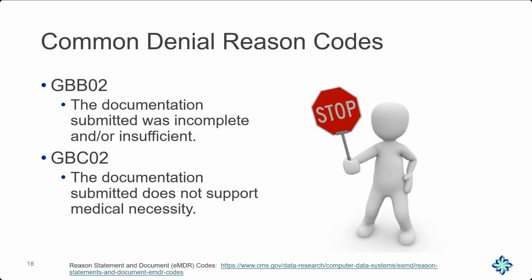To resolve this, ensure that documentation clearly supports the medical necessity of the home dialysis using recognized medical guidelines and evidence-based practices. Include comprehensive clinical notes detailing the patient's kidney function, dialysis, diagnosis, medical history, symptom severity, relevant laboratory findings, prior treatments, and response to therapy.